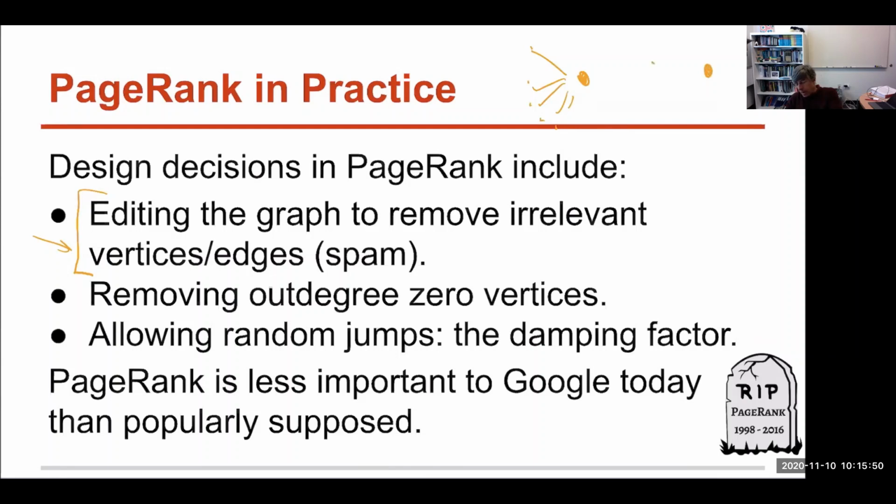You have to think about what you do in a PageRank setting when you have a vertex which has no outgoing edges. If there is no outgoing edge except maybe, let's say, a self loop, no probability will ever leak from that vertex.